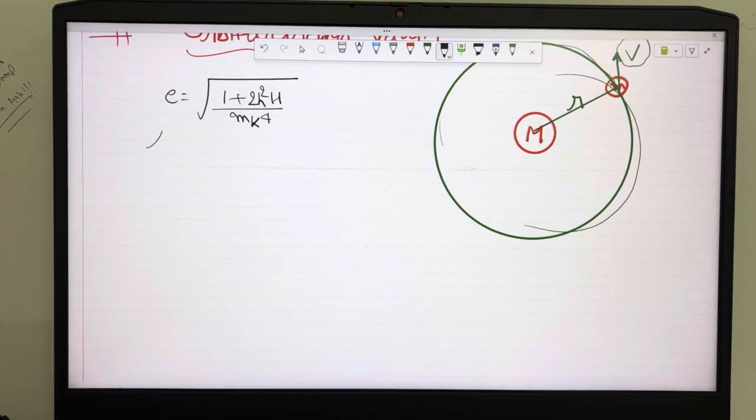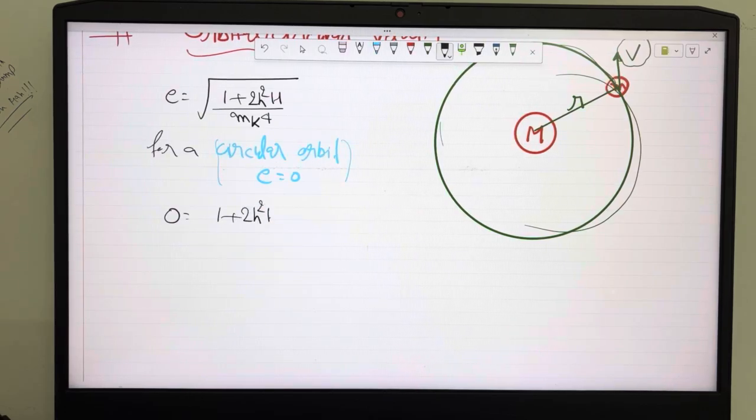So for a circular orbit, the eccentricity will be 0, so put it as 0. Then 0 equals 1 plus 2h square capital H divided by m k to the power 4. That means capital H is nothing but minus m k to the power 4 divided by 2h square.